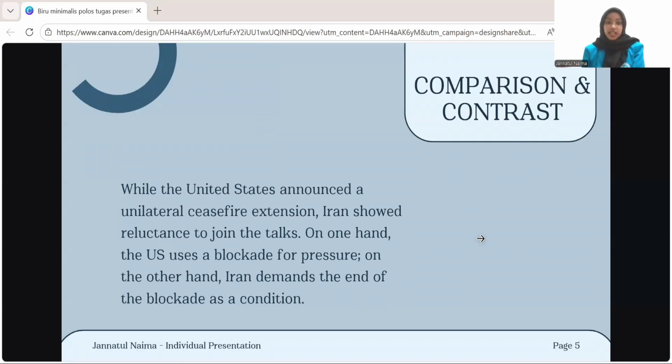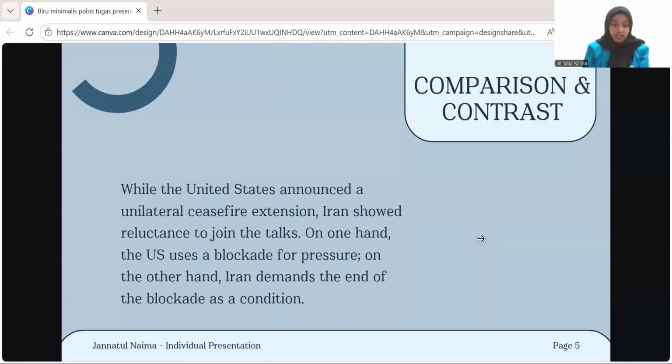While the United States announced a unilateral ceasefire extension, Iran showed reluctance to join the talks. On one hand, the US uses a blockade for pressure. On the other hand, Iran demands the end of the blockade as a condition. As you can see in slide 5, the author uses a comparison and contrast pattern to explain the diplomatic tension.